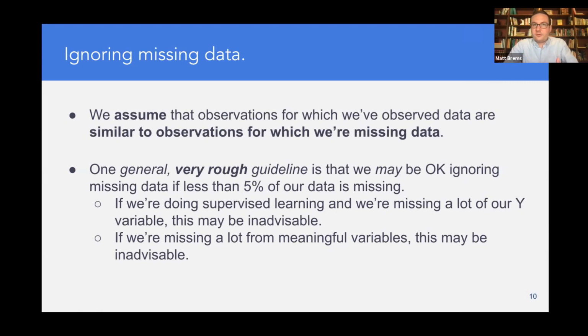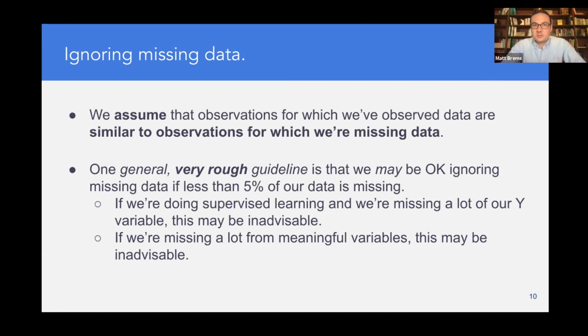Now, when it comes to working with practical data sets and time constraints and resource constraints and other things that may restrict what we're capable of doing, we have to make real world decisions every day, and there are trade-offs associated with those. So a very, very rough guideline that I have heard is that we may be okay ignoring missing data if less than 5% of our values are missing.